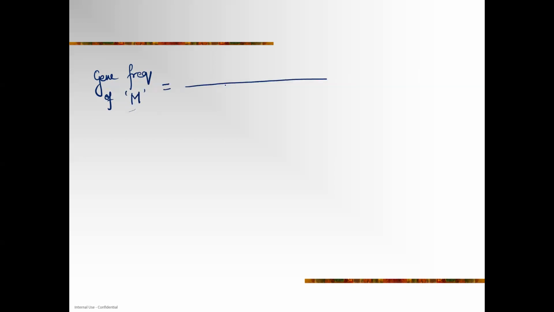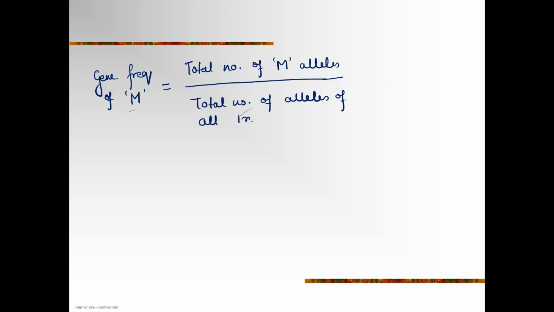What will it be? Total number of M alleles divided by total number of alleles of all individuals.